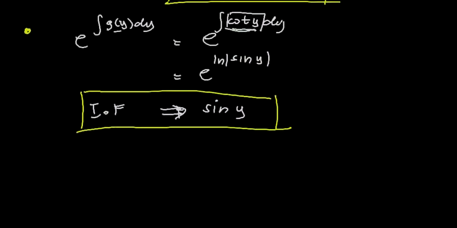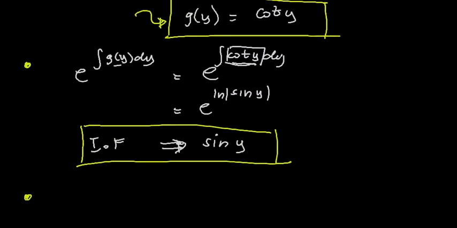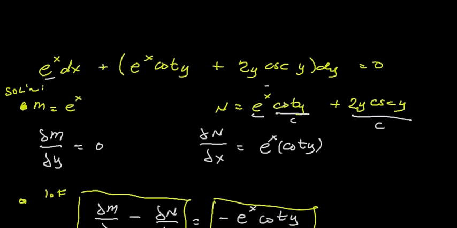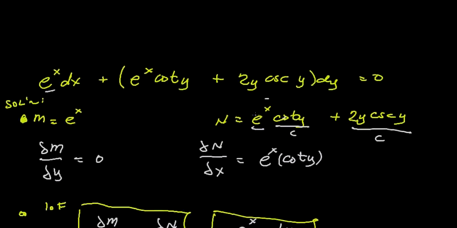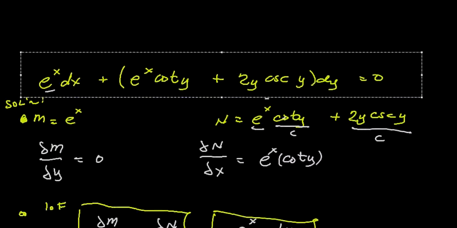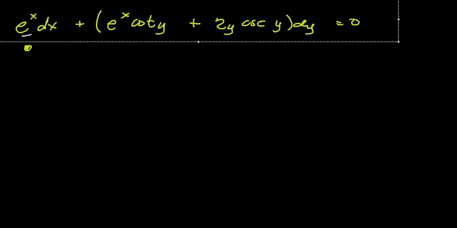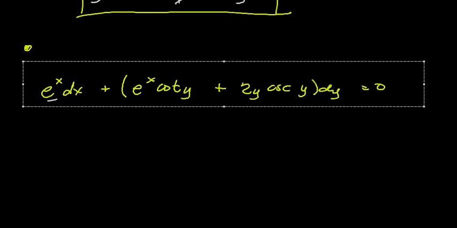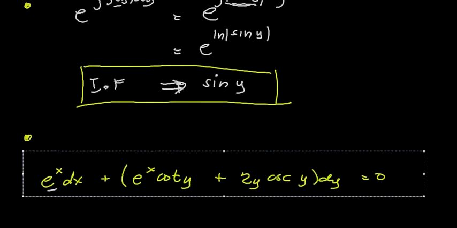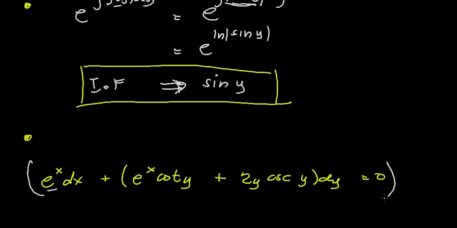And once again, after this step, our next thing to do is to multiply this by our given differential equation. So let me copy this once again. We need to multiply by our integrating factor, which is sine y.